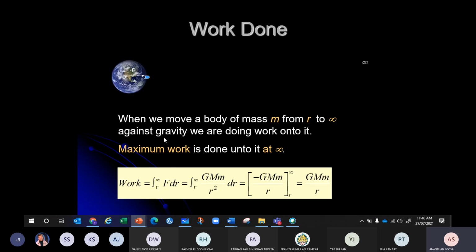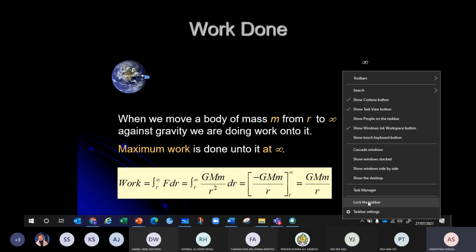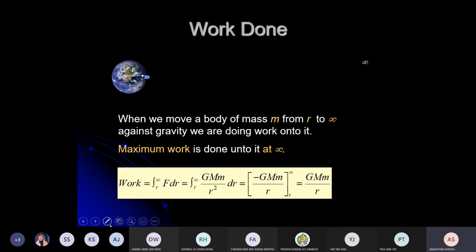The work done to bring from r to infinity is F dr, the force applied times dr. Because if I plot the graph, how is the graph going to look? If I plot F versus r for the planet Earth from the surface, the graph goes down, right?